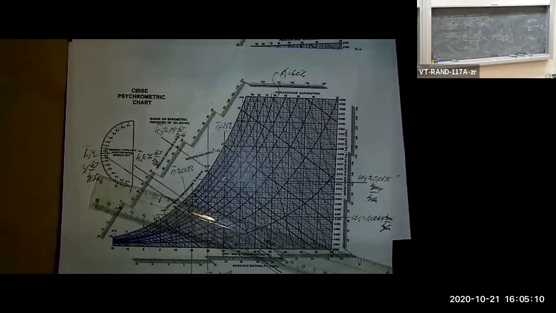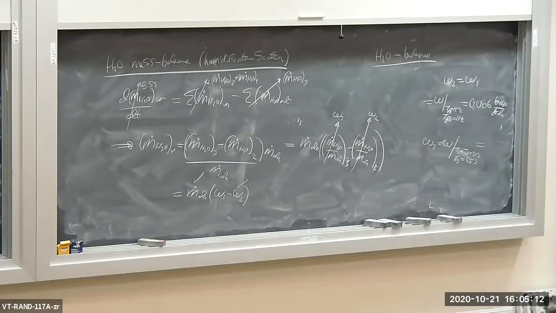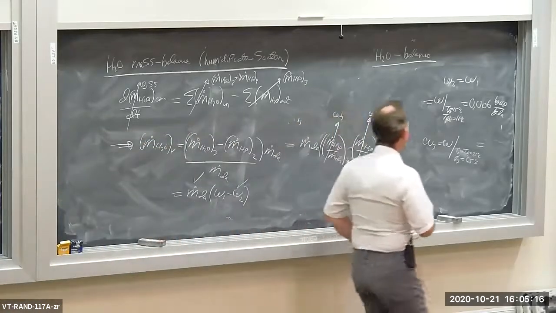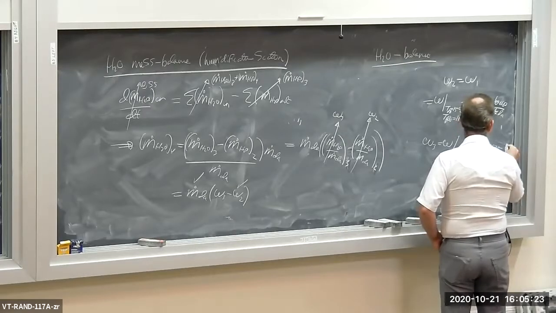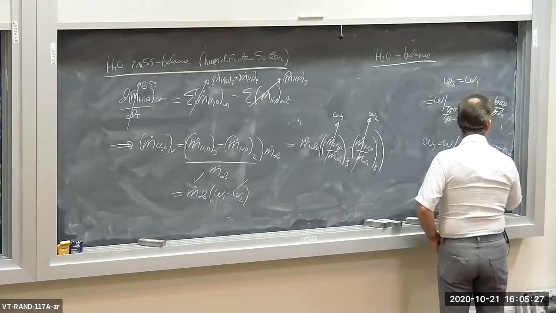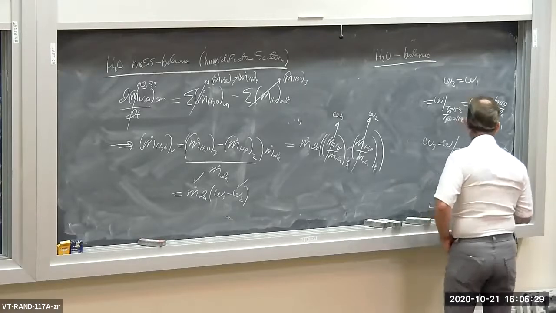Close enough. About 0.0135, and that is kilograms of H2O per kilogram of dry air.